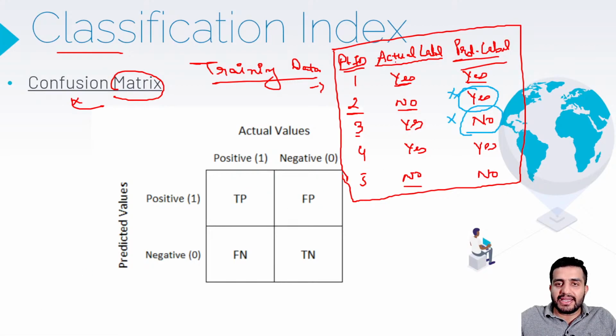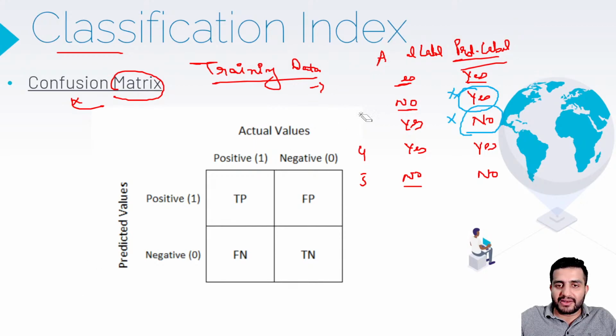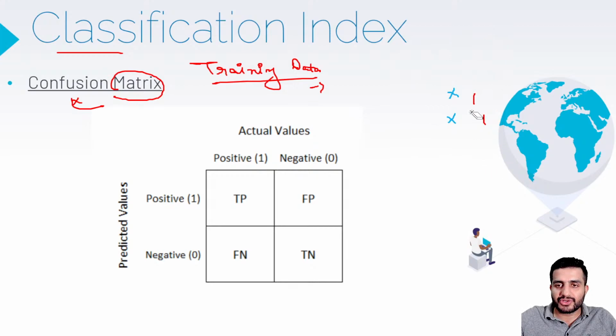Now for each of them, we are trying to count. The confusion matrix is nothing but the count of occurrences between each of these actual and predicted parts. So if I want to represent the same thing in a confusion matrix format, I'm going to show you how it looks. Look at this.